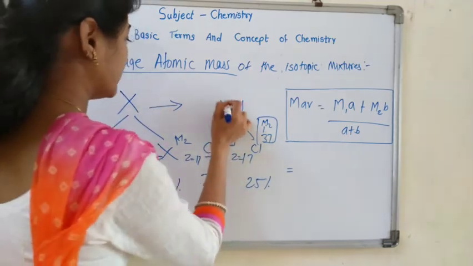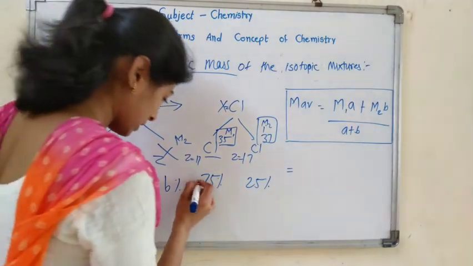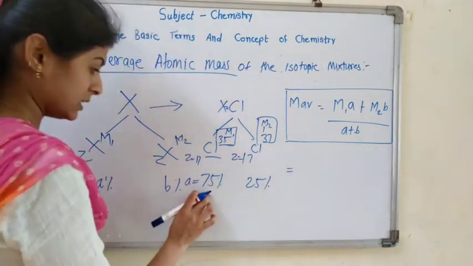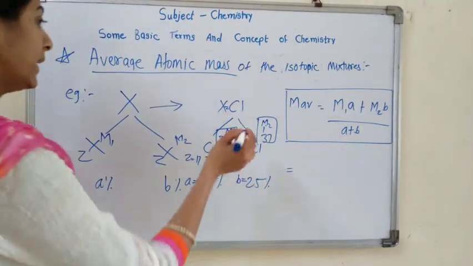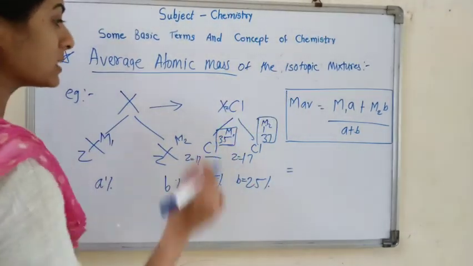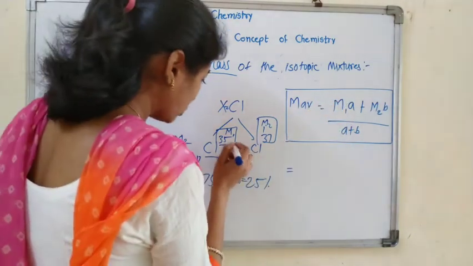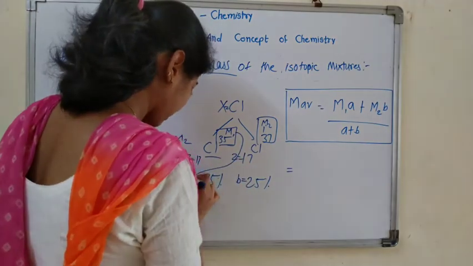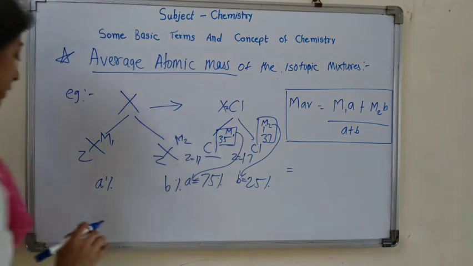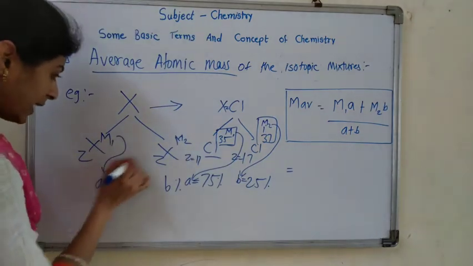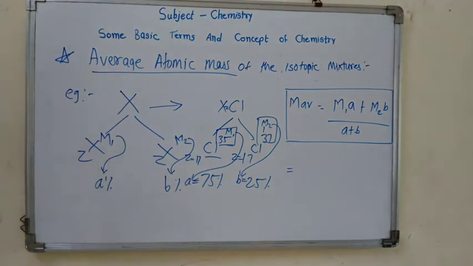Okay, X is the element. Now A% is this and B is 25%. So to calculate the average atomic mass, one formula is there. It means M1 into A and M2 into B. So what will we get? M1 into A plus M2 into B, divided by A plus B.